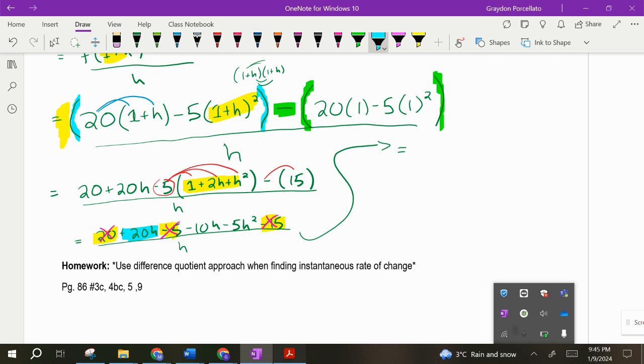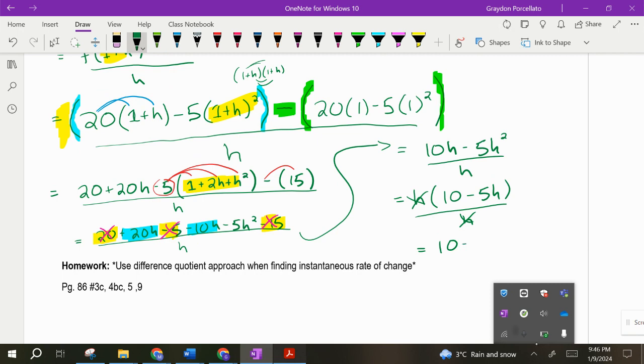20h minus 10h is 10h. So I have 10h minus 5h squared all over h. I'm going to factor out an h, so I get 10 minus 5h all over h. My h's cancel out. I'm left with 10 minus 5h.